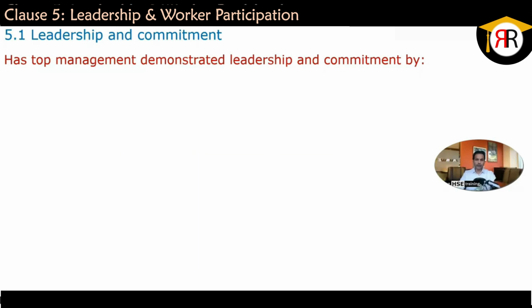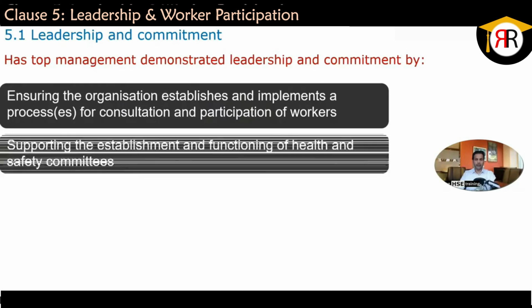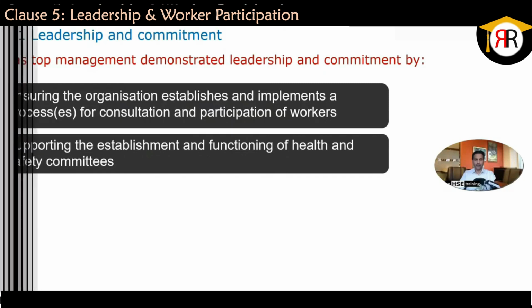Has top management demonstrated leadership and commitment by ensuring the organization establishes and implements a process or processes for consultation and participation of workers? How about supporting the establishment and functioning of health and safety committees?